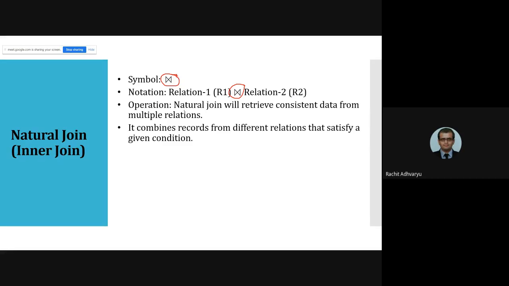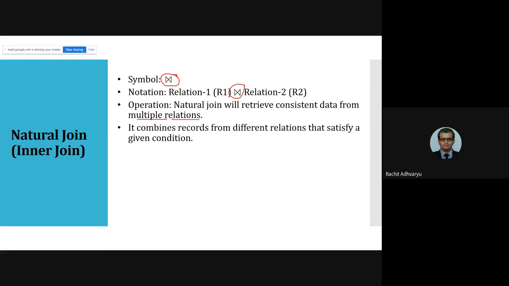Natural join will retrieve consistent data from multiple relations. As I said, we deal only with the wanted and relevant data. All the irrelevant and unwanted data will be removed from the merged table.